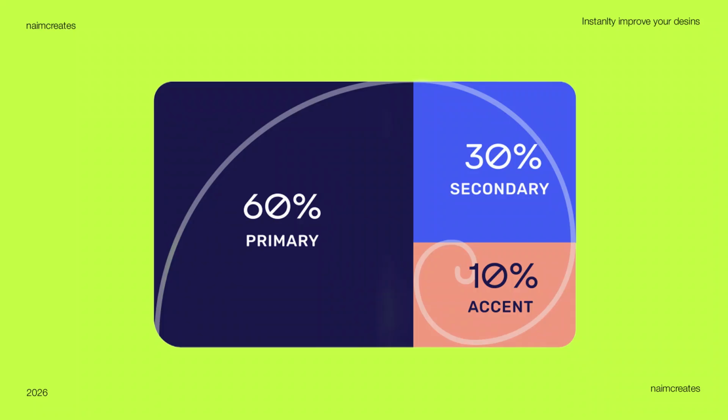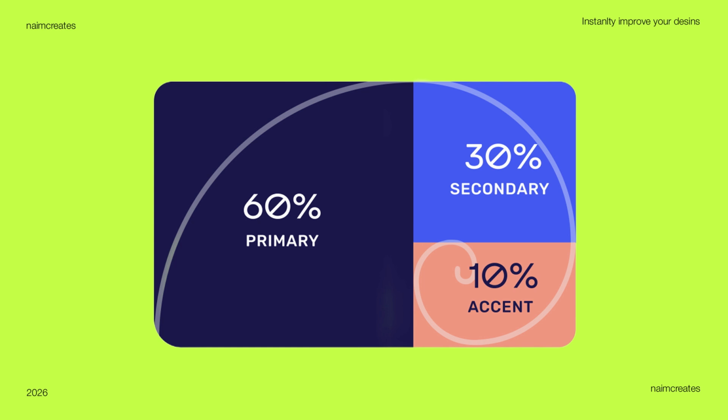Here is the trick to it. Limit yourself to at least 2 colors. Even if you are going above 2 colors, you can use what we call the 60-30-10 rule, which is 60% of your color is going to be your dominant color, 30% is going to be your supporting color, and then the 10%, which is mostly used for call to actions.